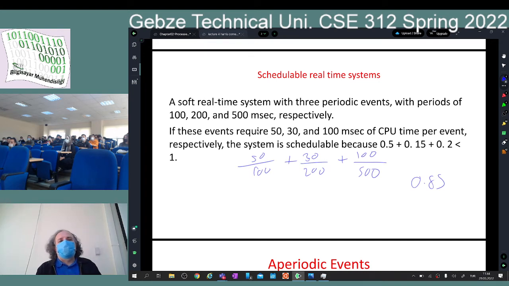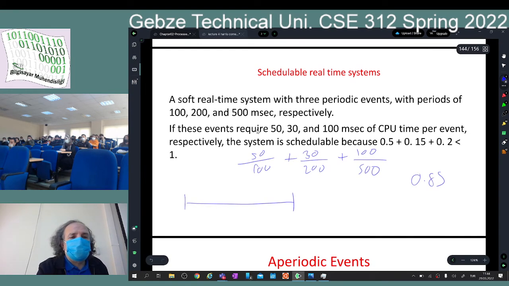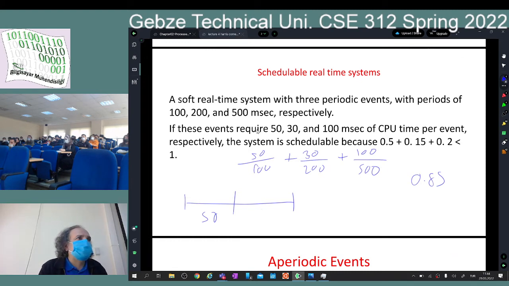No. See, this one says that I am going to run every 100 milliseconds, and I am going to use 50 milliseconds of the CPU time. That means this process is going to get 50% of my CPU time. The rest, 50% of the time, will belong to other processes.